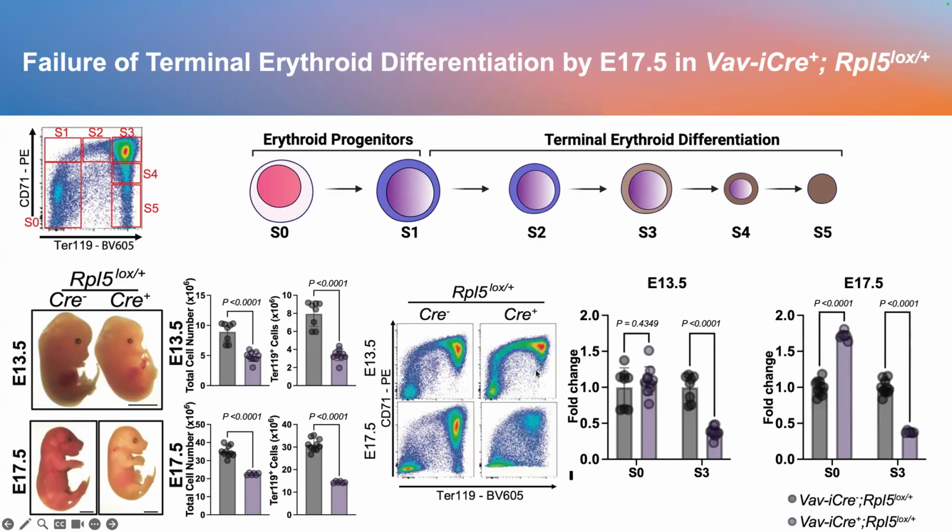However, here was what we observed that was really interesting to us, is that instead of having this decrease in the S0 population, they had an increase of that. And then a decrease in the S3 population, saying that here, once they embark on terminal differentiation, they die, or they don't make it that far. And here telling us that in the S0 population, this is really where you have this issue, I would say, in the RPL5.